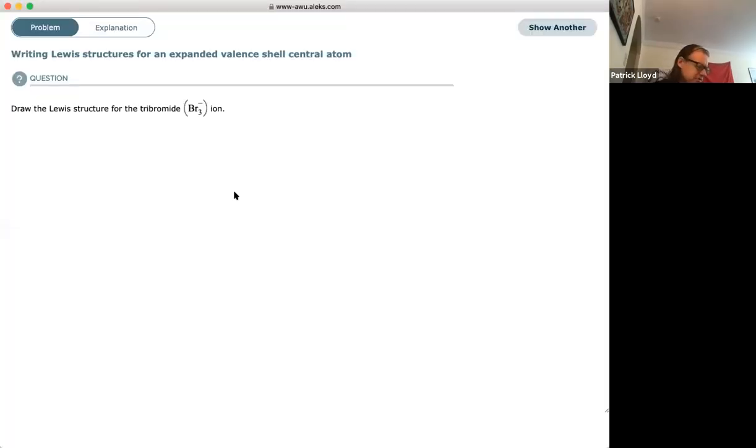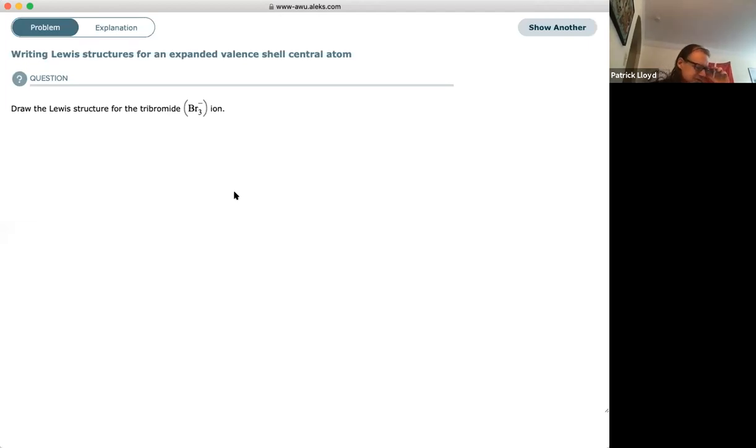All right. So those are the exceptions. There's one other type of problem in here that I would like to show you, and that is an expanded octet where you actually draw the Lewis structure. So be careful. This one sometimes gives people a problem just because of how you enter it into ALEKS.